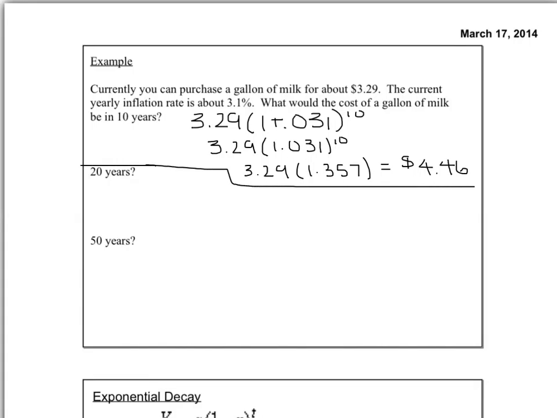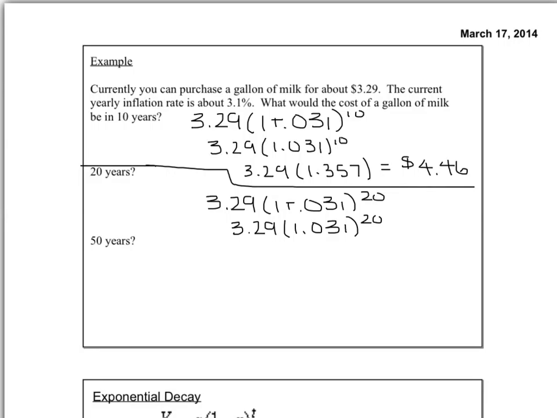Now let's do the same thing and find out how much that gallon of milk at $3.29 now would cost in 20 years. All I'm doing is changing that 10 to a 20 and going through the same process. It starts off at $3.29. The inside, add them together, you get 1.031.